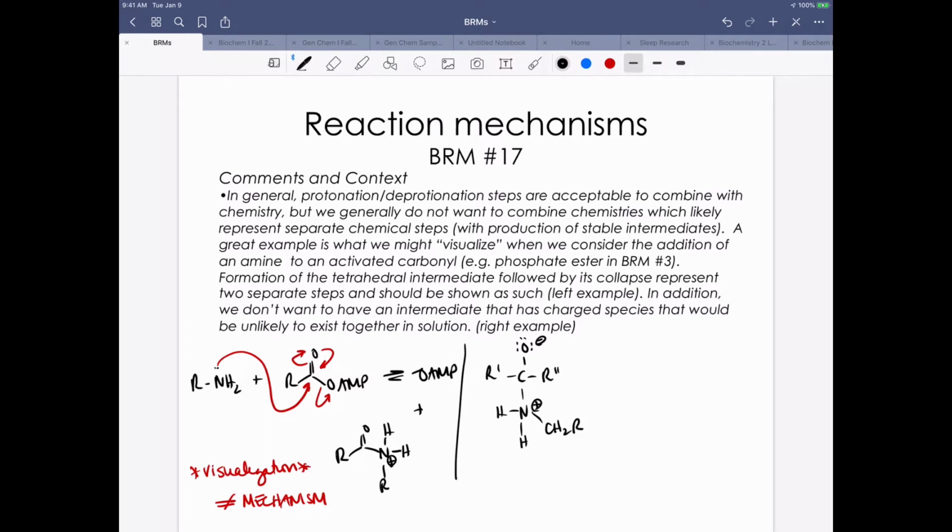Even though it looks like it would be really nice to have that lone pair of electrons come down there, our leaving group leave, and immediately generate our ketone, not a protonated ketone, and then our primary amine, the idea is that this was deprotonated too early.